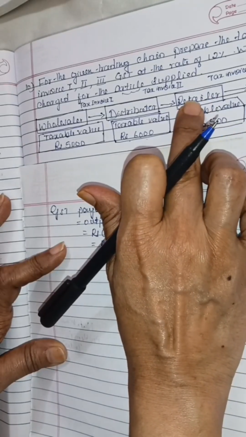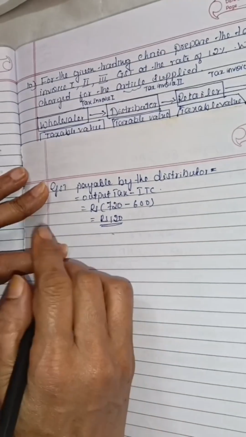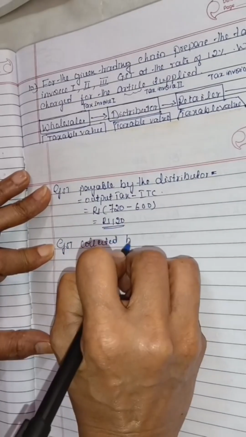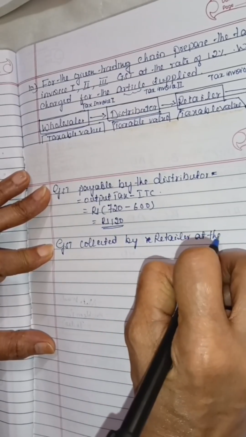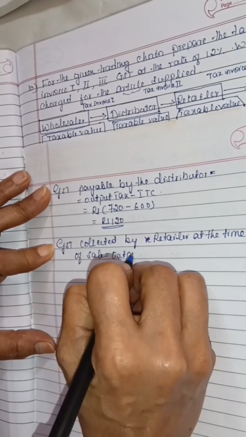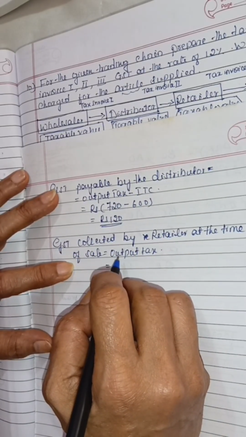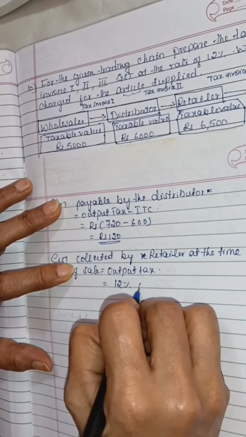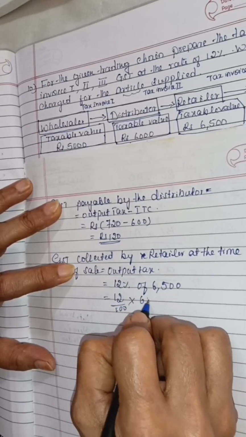At the time of sale, GST collected by the retailer is output tax, that is at the rate of 12% of 6,500, 12 out of 100 for 6,500.